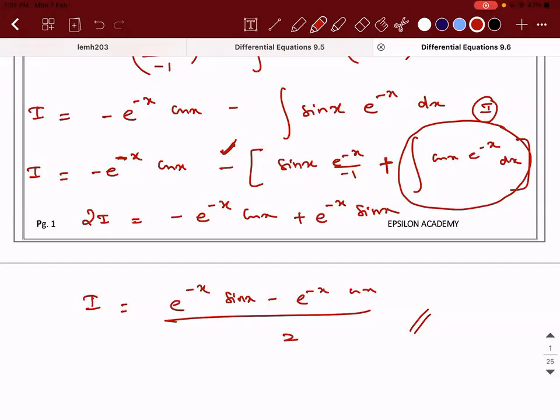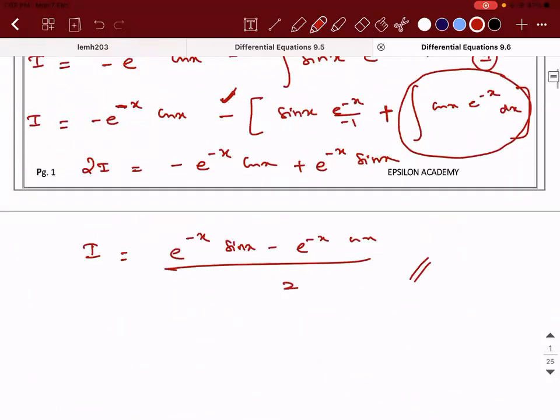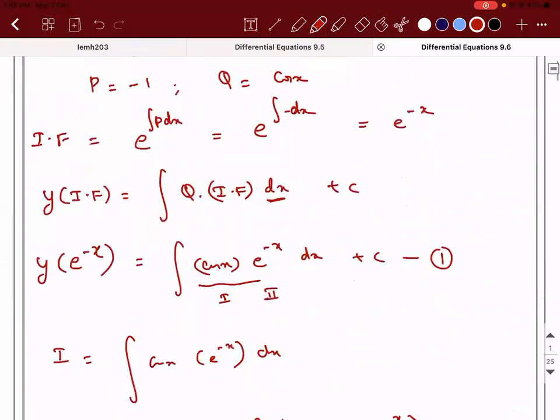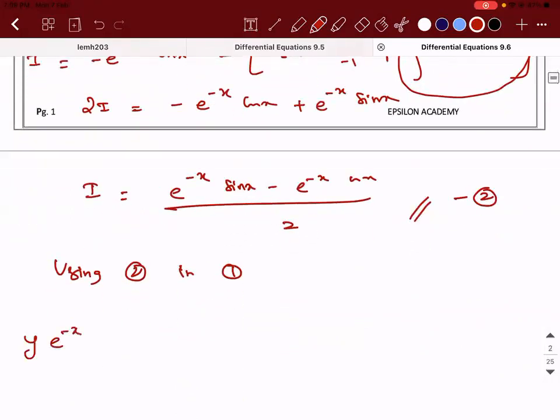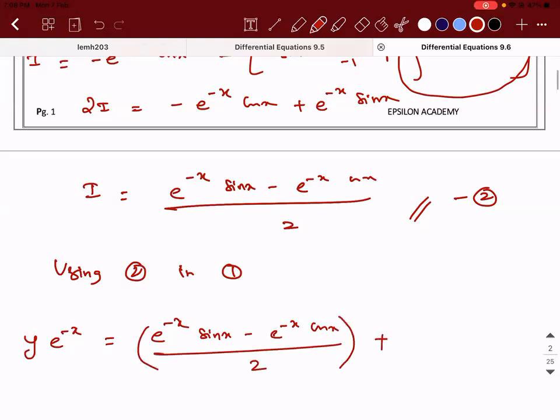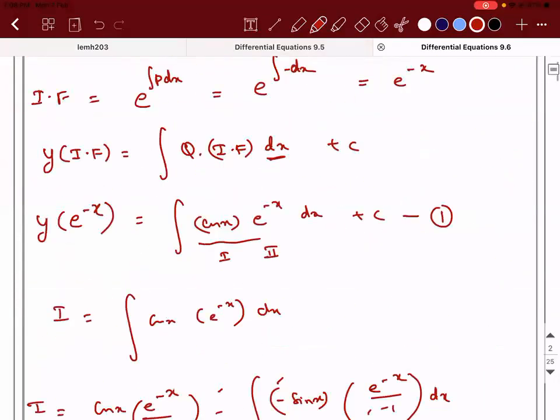Right. So this is I. I will take this as 2. Using 2 in 1, what do you get? Using 2 in 1, I get y into e power minus x is equal to e power minus x sin x minus e power minus x cos x, the whole divided by 2 plus c.